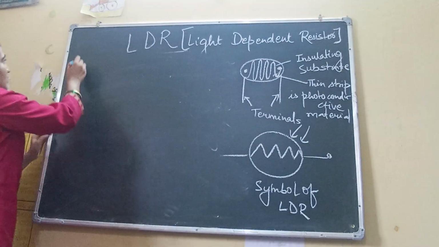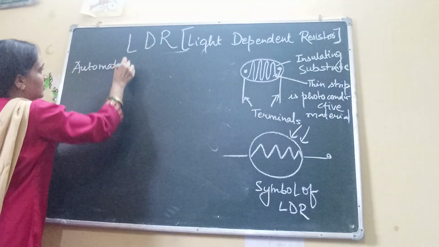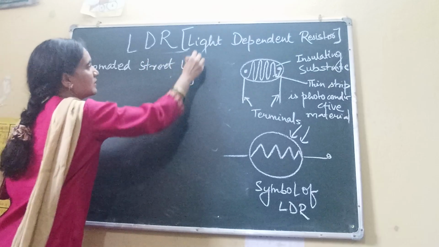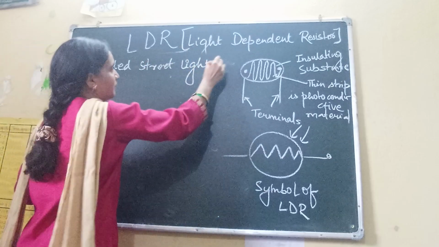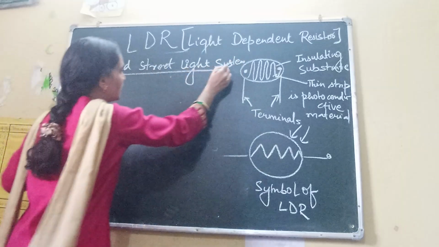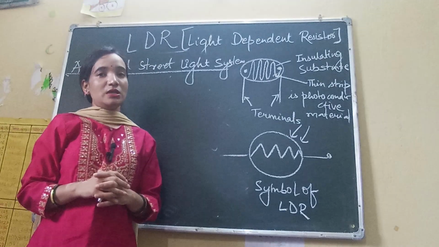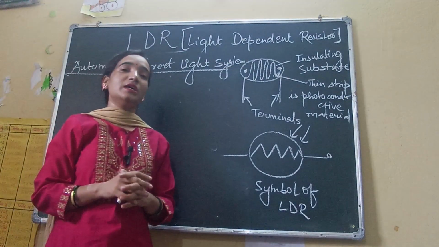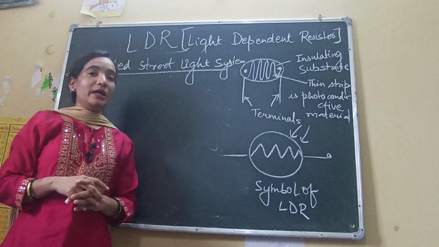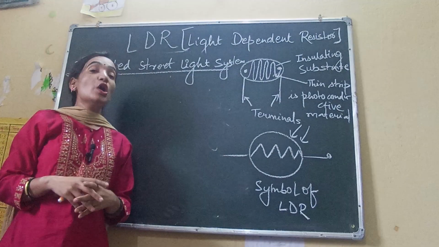So we are now talking about the automated street light system. In the automated street light system, LDR is installed. LDR plays a very important role here.